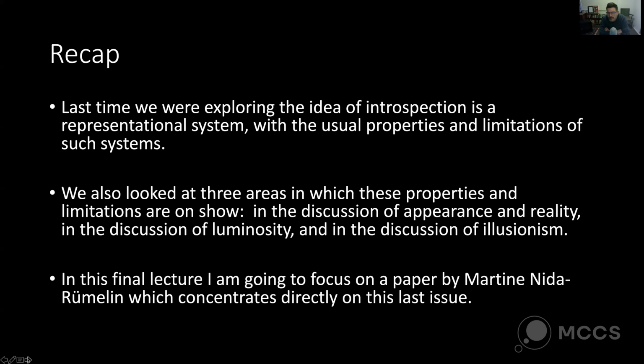Like, for example, in the discussion of appearance, the denial of an appearance and reality distinction, if you really denied that distinction, then presumably you would reject any kind of ignorance and error possibility in the case of introspection. But as we saw, even acquaintance theories will agree that it's perfectly possible to be in a conscious state and not believe that you are, and likewise it's perfectly possible to believe that you're in it and not be in it.